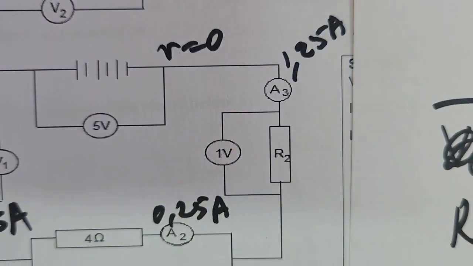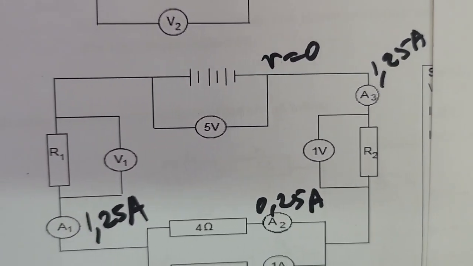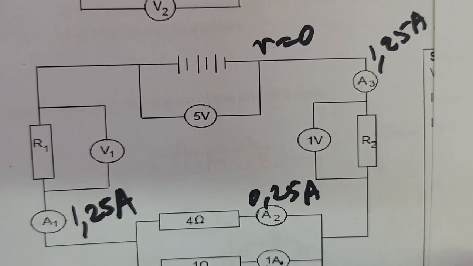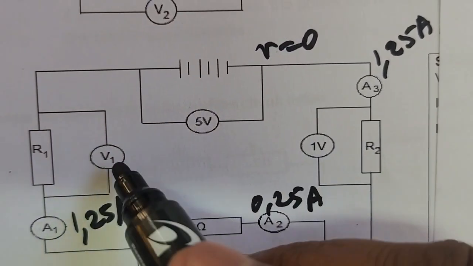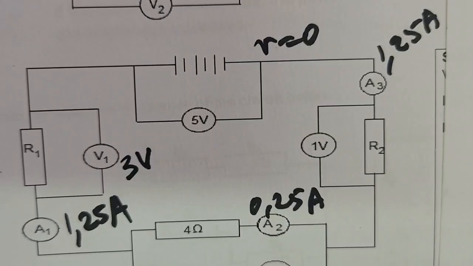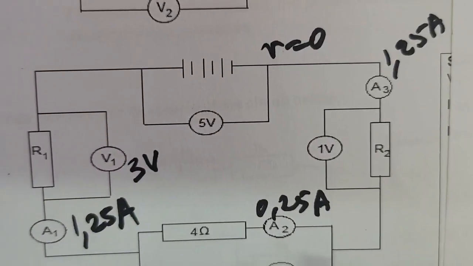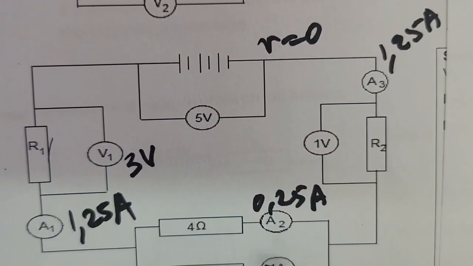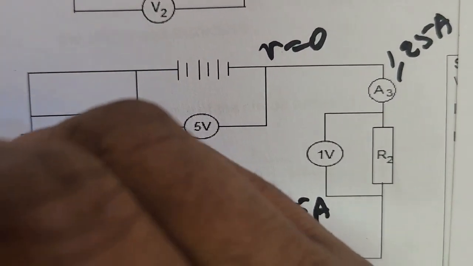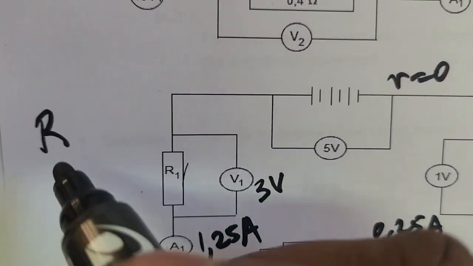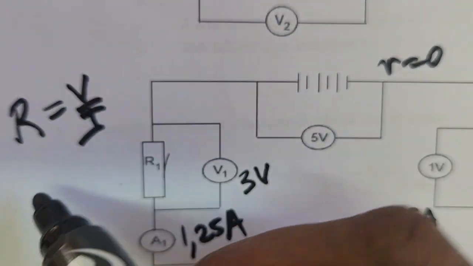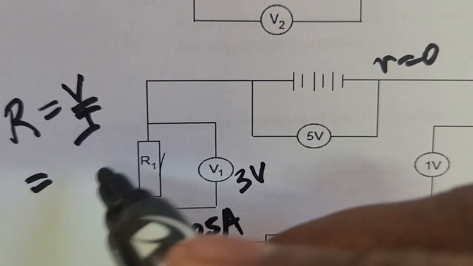Fine. No problem. What do we know now? We know that this one is 1 volt. Yes. If this one is 1, this is 1. What is this one? According to this, V1 will be 3 volts. If V1 is 3 volts and the current here is 1.25, we can calculate R. Therefore, R equals V over I. Resistance is the one we are calculating.